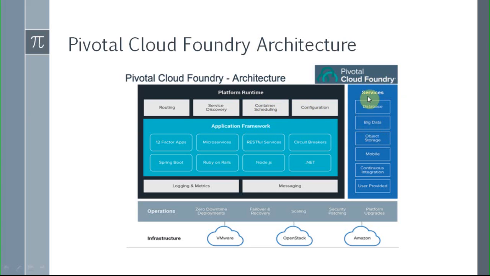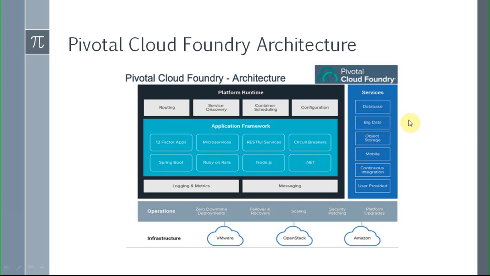And here you have different kinds of services: database, big data, continuous integration, continuous delivery. You can use, for example, Jenkins, Travis, TeamCity, Circle CI, Drone CI as continuous integration and delivery.